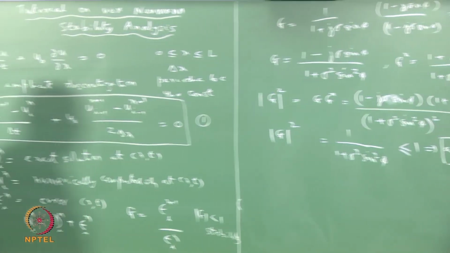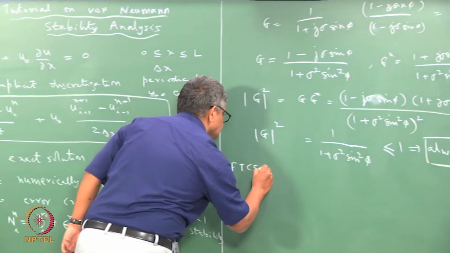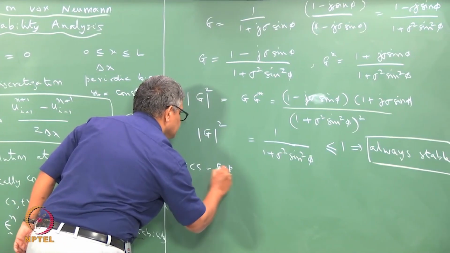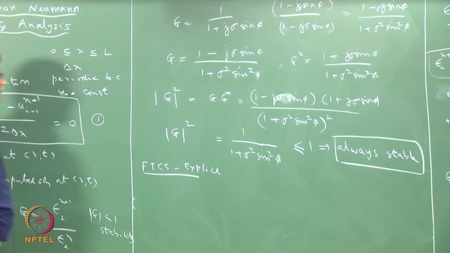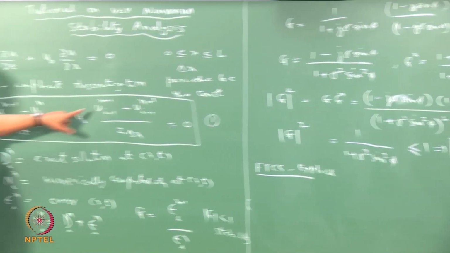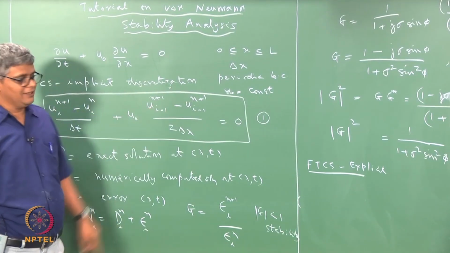This is in contrast to the FTCS explicit case, where we put this as u i plus 1 n and u i minus 1 n here.